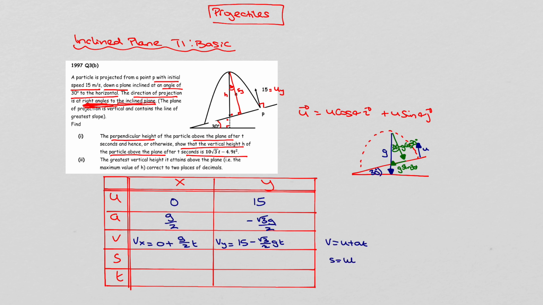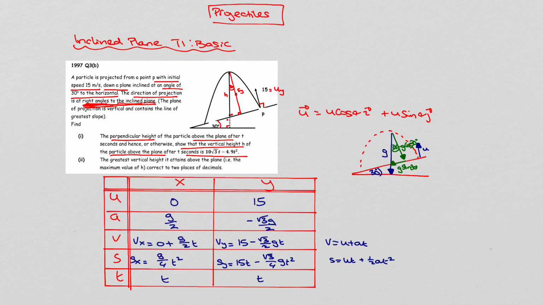We know that S equals ut plus a half at squared, so therefore S in the X direction is going to be a half of G over 2 times t, so that's going to be G over 4 t squared, and then in the Y direction it's going to be 15t, and then minus a half of root 3 over 2, which becomes root 3 over 4 gt squared.